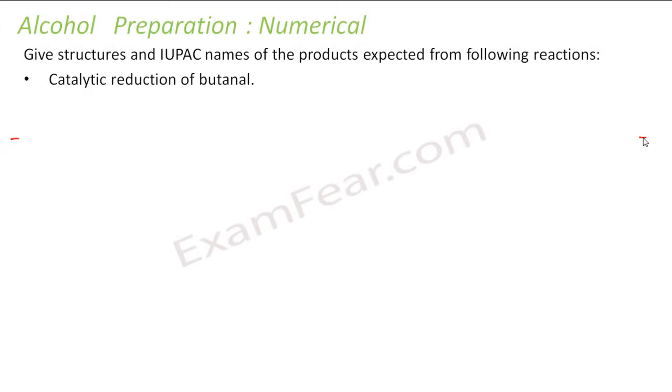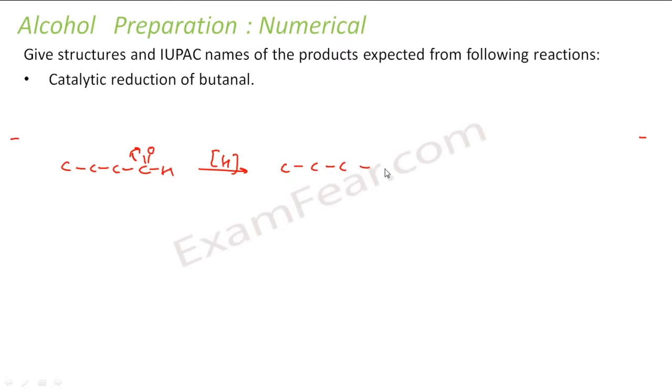Now we'll take some numericals. We have to give the structures and the IUPAC name of the product expected. The first is catalytic reduction of butanal. This is my butanal. If I do a reduction using LiAlH4, what happens is this becomes CH2OH, right? That's what you have seen. You add H on both sides.